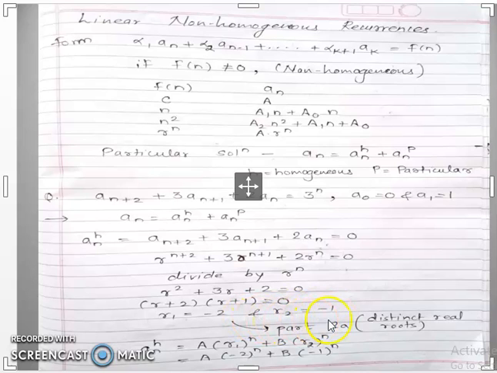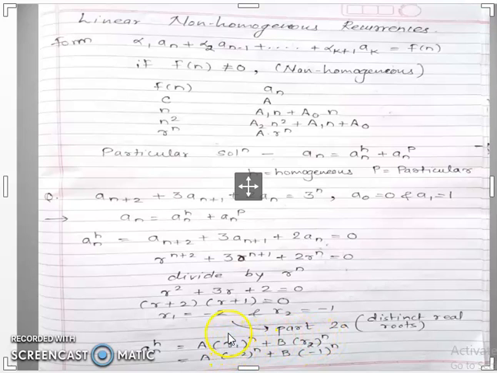So the roots are distinct real roots, r1 equal to -2 and r2 equal to -1. Therefore, given the roots of the equation are distinct, that is different roots, the homogeneous part of the general solution formula is a into alpha1^n, that is r1^n, plus b into alpha2^n, that is r2^n.